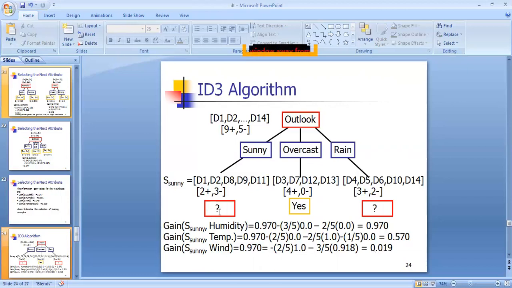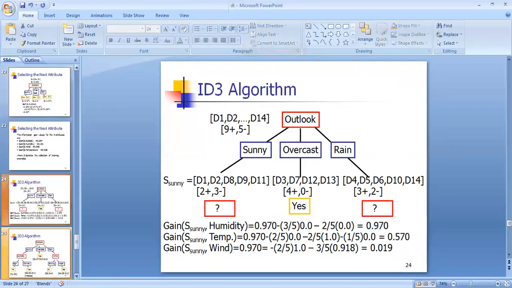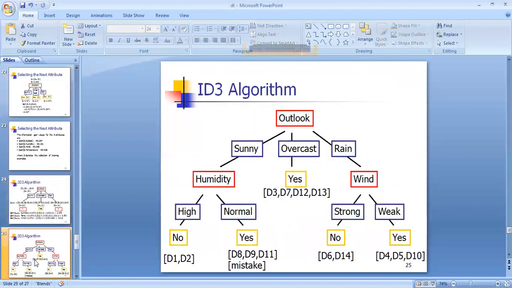So what will it be when it is sunny? Sunny with humidity, you are getting 0.97. Sunny with temperature, you are getting 0.57. Sunny with wind, you are getting 0.09. So you have to work on this, then only you can make it.